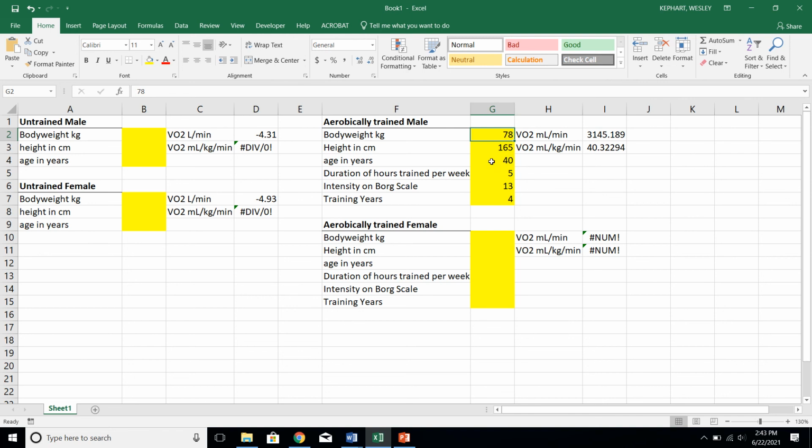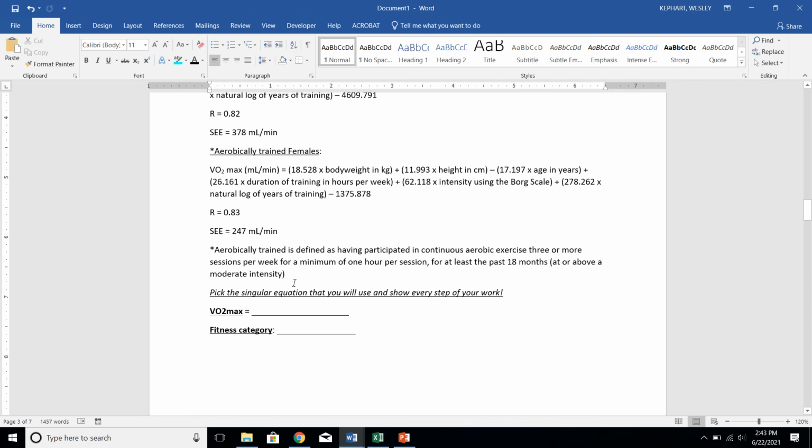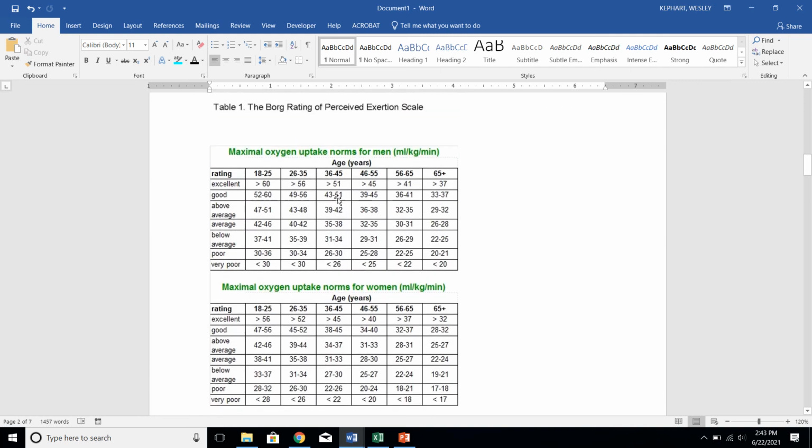So a person who's 40, let's go back and look over here. I would put in 40 point whatever ml per kg per minute. And let's say I'm 40 years old, which is right in here, I would be above average.